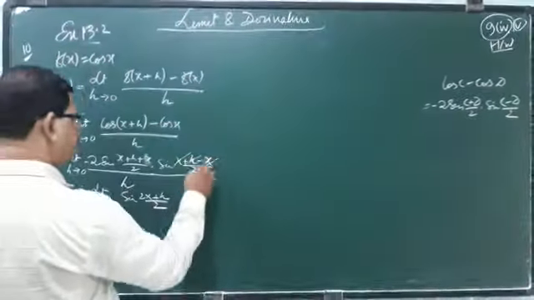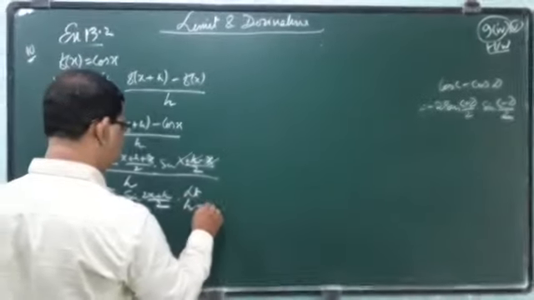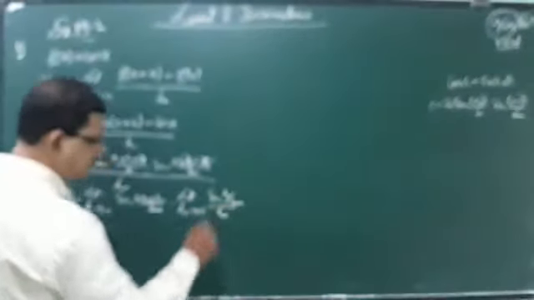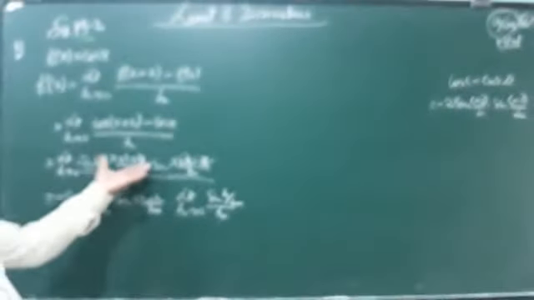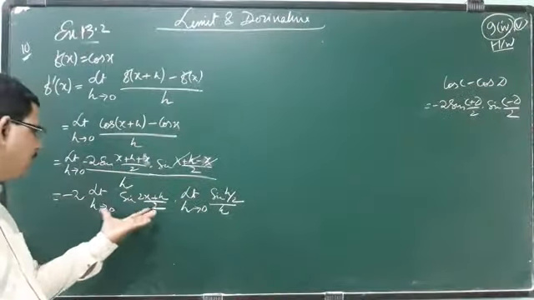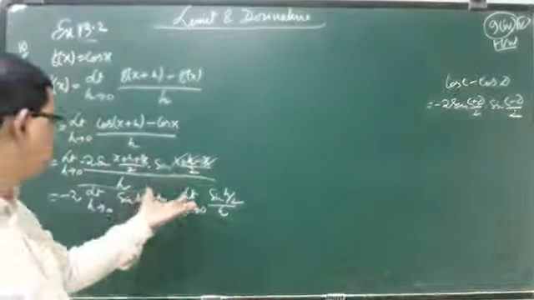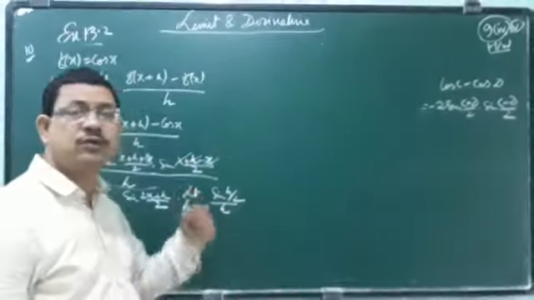I have written only this one. Here x cancels and it becomes limit h tends to 0 of sin(h by 2), and this denominator h I have written here. So students, I want to say that I have written the sine of this with that limit only. Limit has a special quality that it can apply to each term, so it will apply to that one also.